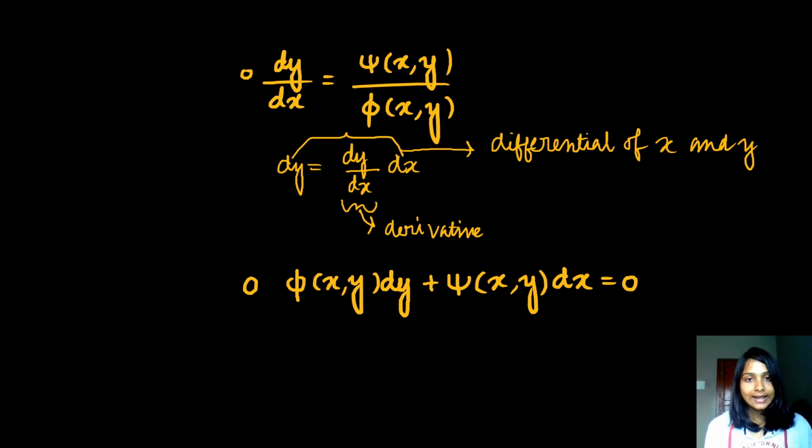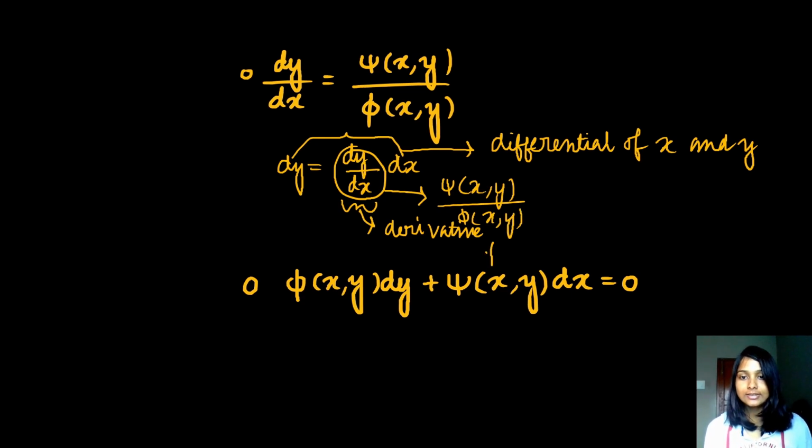So we can write it like this, and by substituting this as psi(x,y) divided by phi(x,y), we can put this equation in this form.